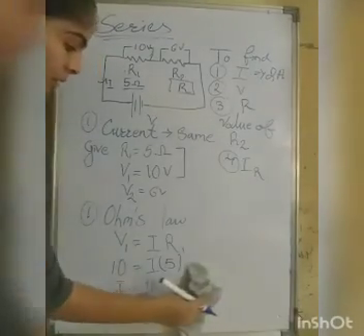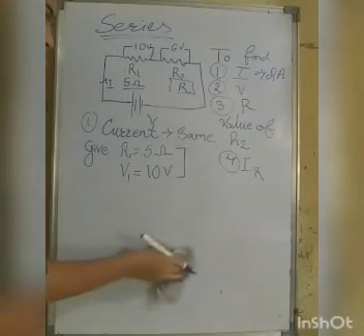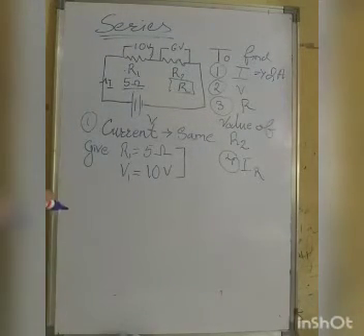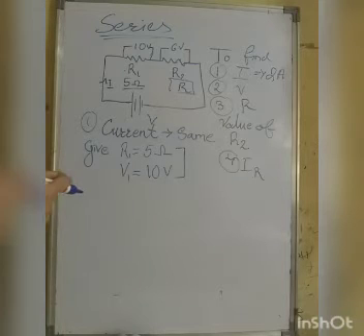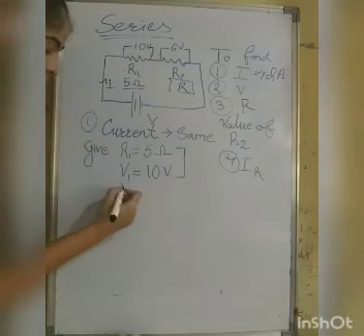Okay. Now, what was the second thing which you were told to find out? That is voltage. Now, when I taught you series connection, what was the first thing which I wrote?